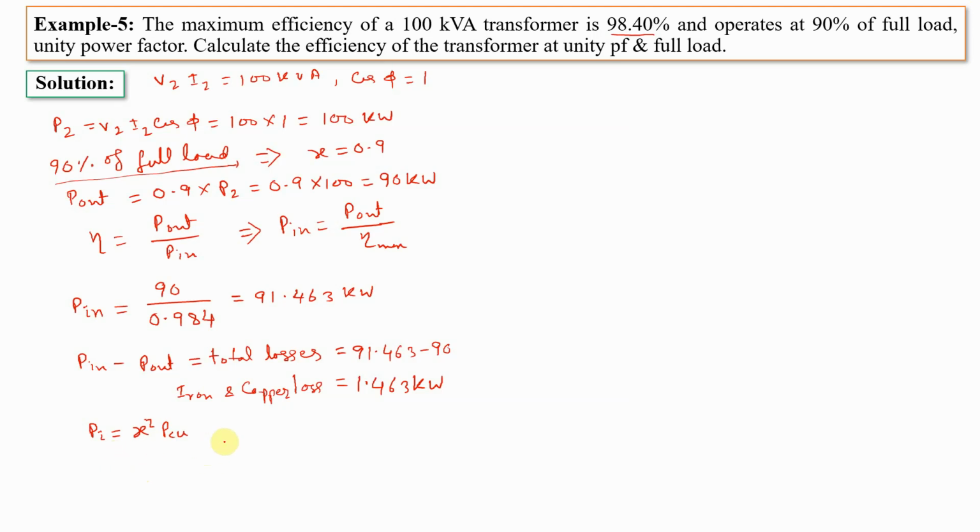So we can write iron loss plus copper loss, that means 0.9 square into PCU plus 0.9 square into PCU, is equal to the total loss, that is 1.463 kilowatt.